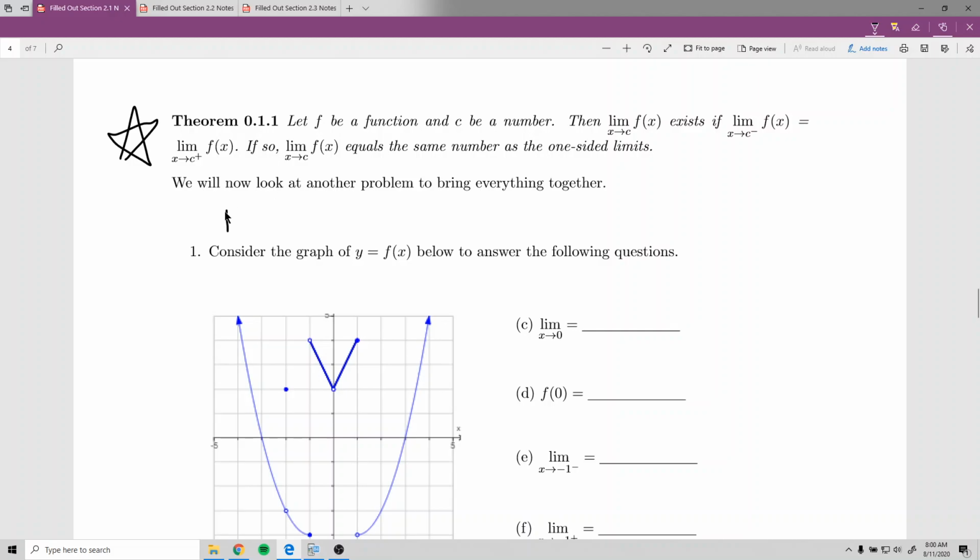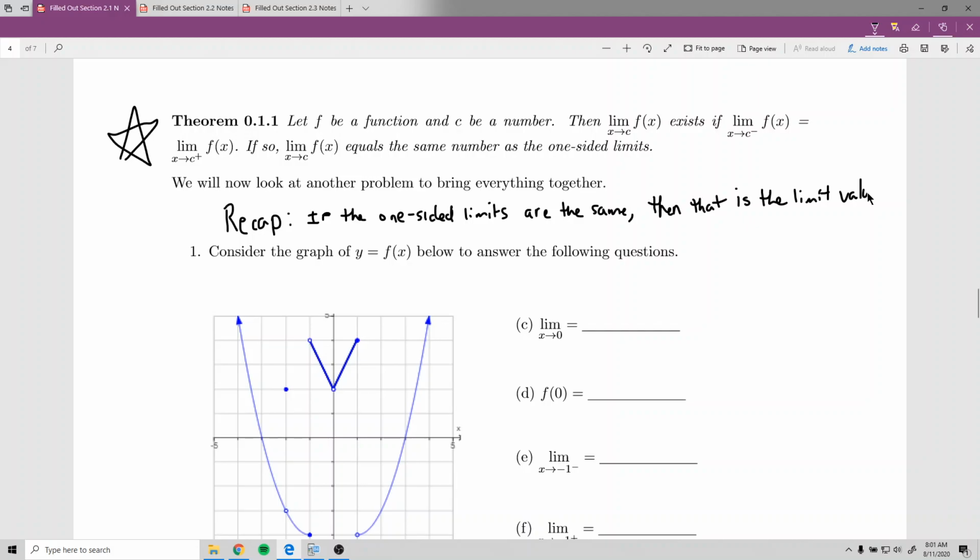So just to recap this theorem, if the one-sided limits are the same, then that is the limit value. And if the one-sided limits are different, the limit does not exist.